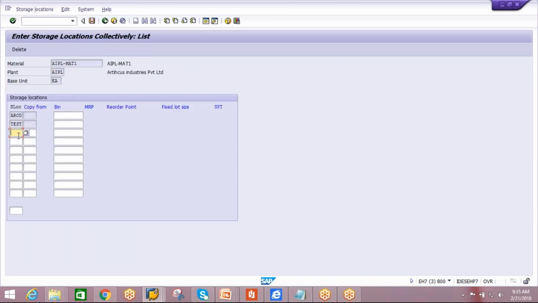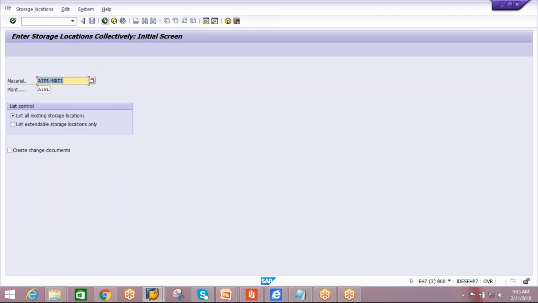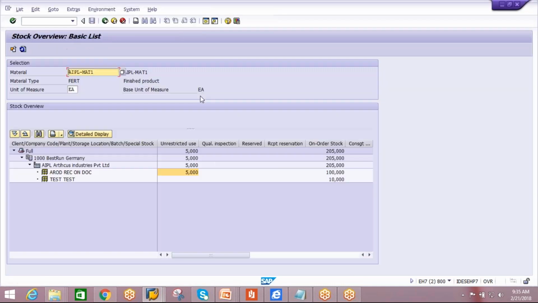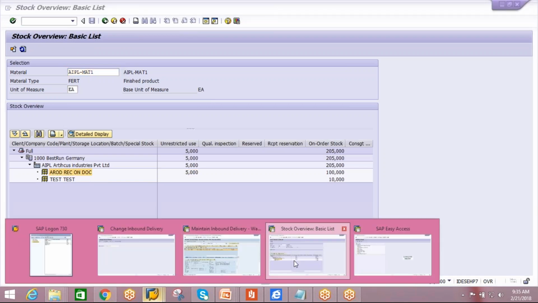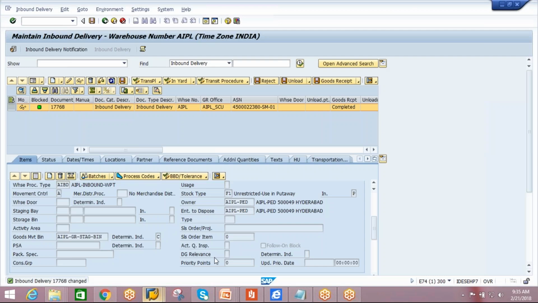See here, this is not extended. AFS. Okay, I am extending. See here now, once the stocks are in unrestricted and put away, that is showing in ROD.